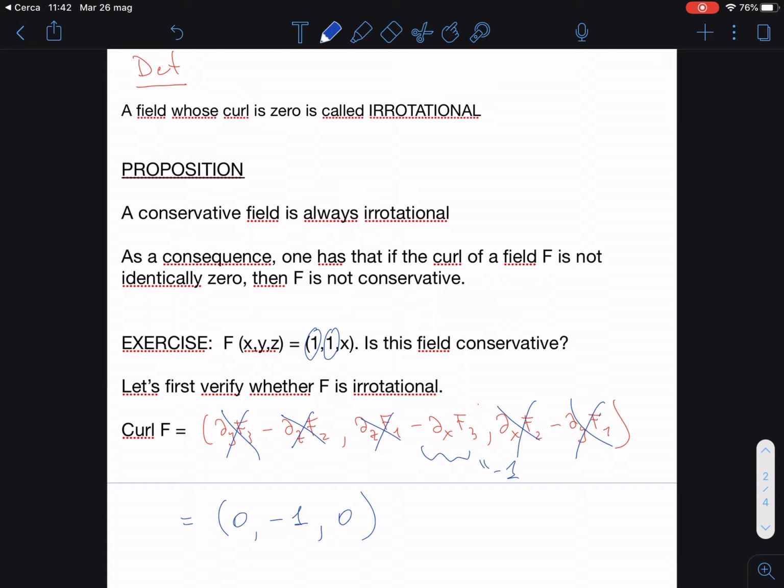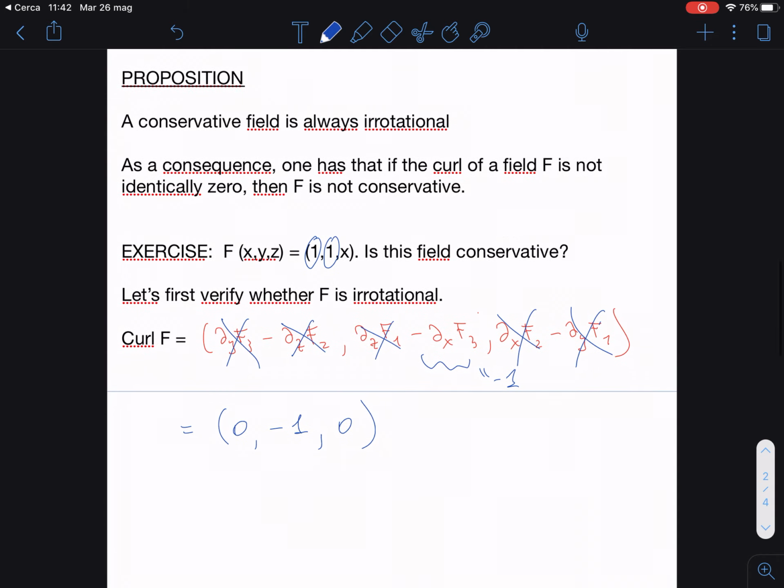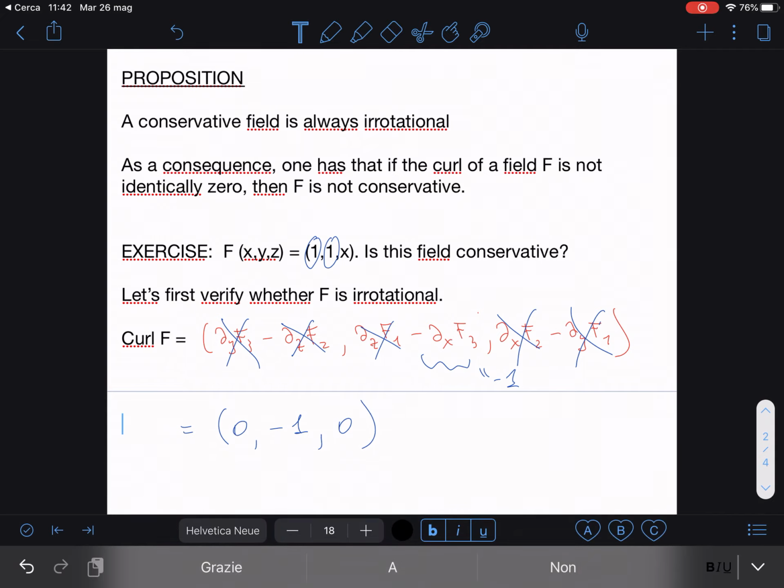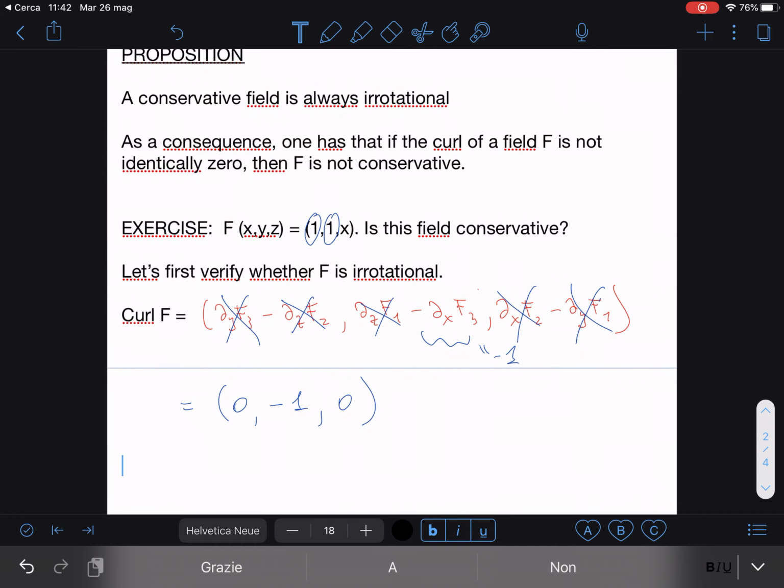And so I remind you what we did in the exercise. In a previous lecture we computed the line integral of F along two paths.